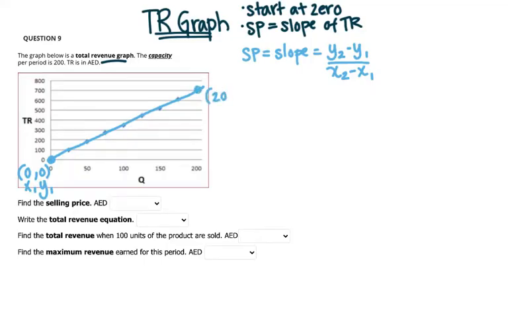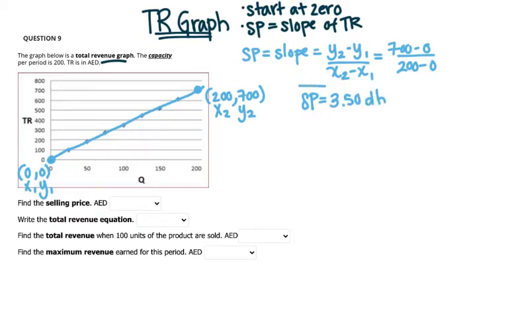This looks like the point 200, comma 700. So that's our x2, y2. I'll plug that into the formula, 700 minus 0 divided by 200 minus 0. We end up getting a selling price of 3.50 dirhams.